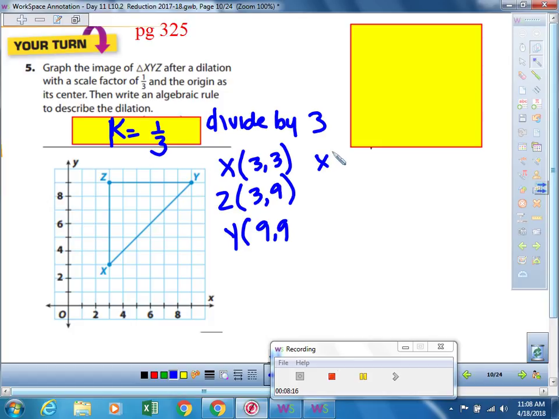What is it? Okay, are you dividing? You got to do both. So 3 divided by 3, and 3 divided by 3. Okay. And then the next one, Z prime.